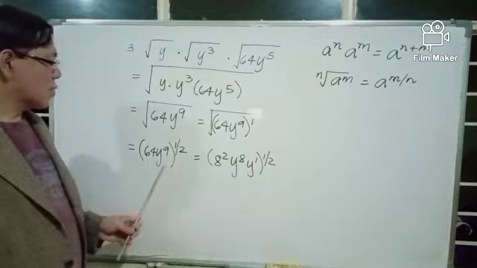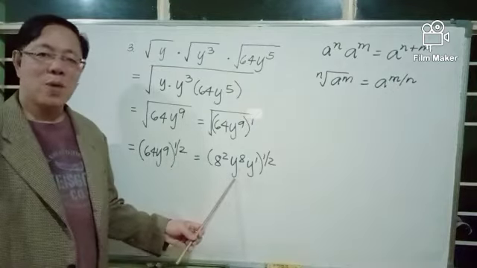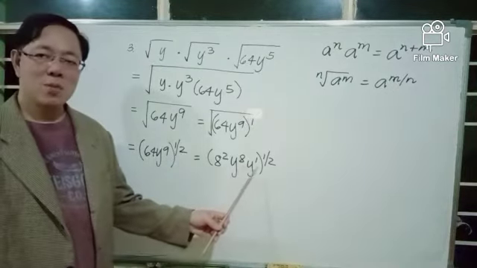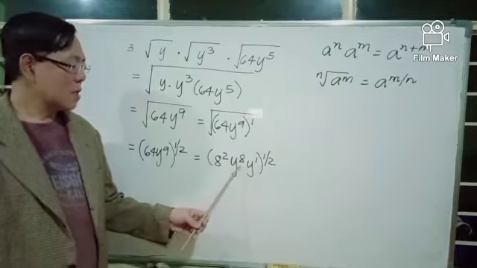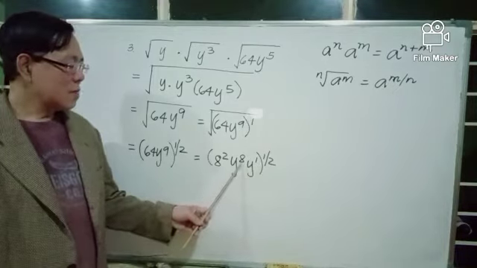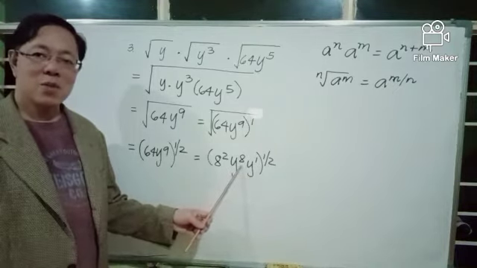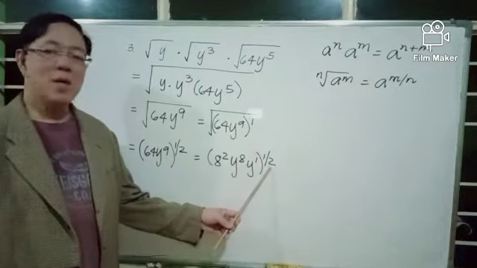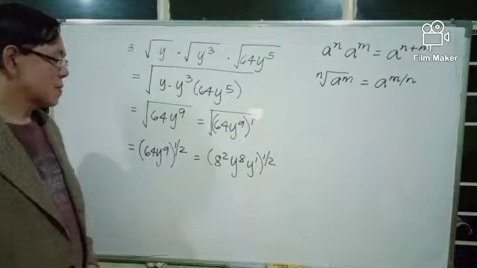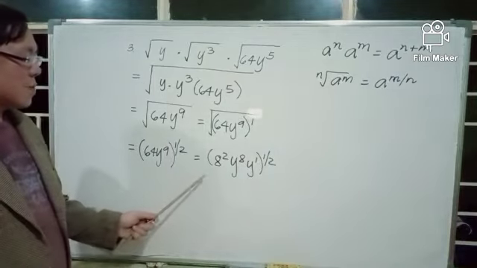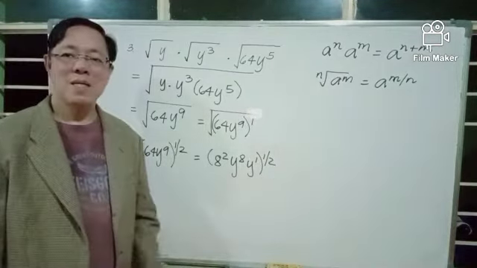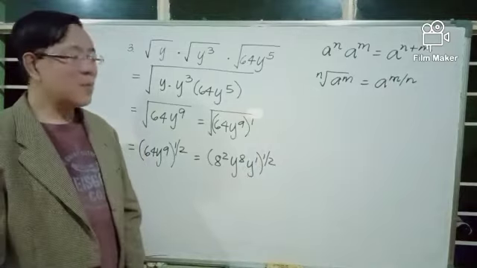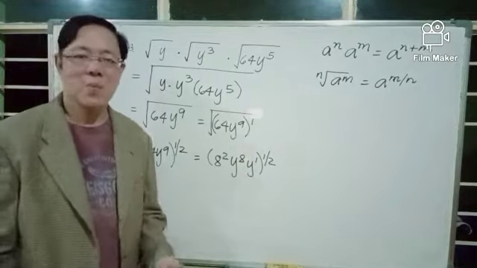We have written y raised to 9 as the product of y raised to 8 and y raised to 1, so that we get an expression y with exponent 8 that is divisible by 2. To simplify this further, we apply another property, the first property of radical.